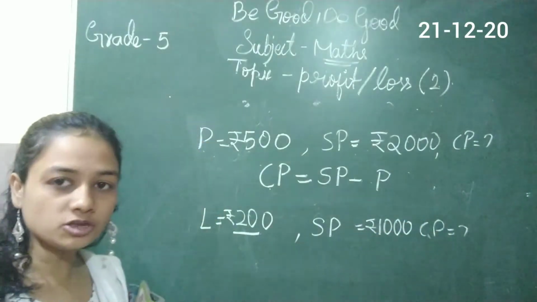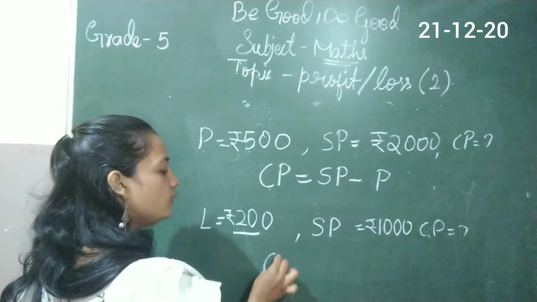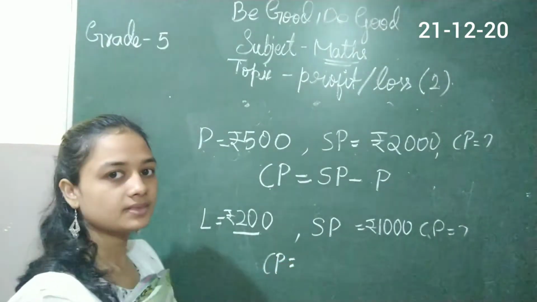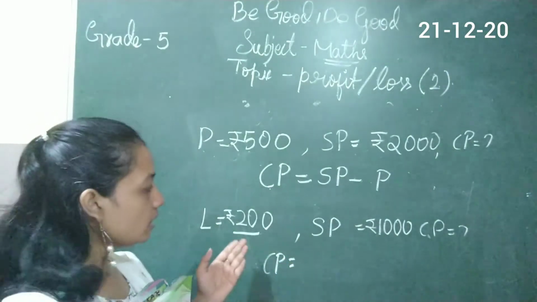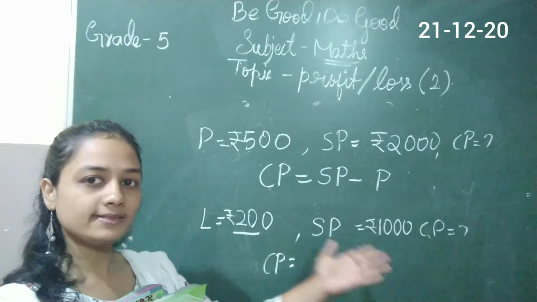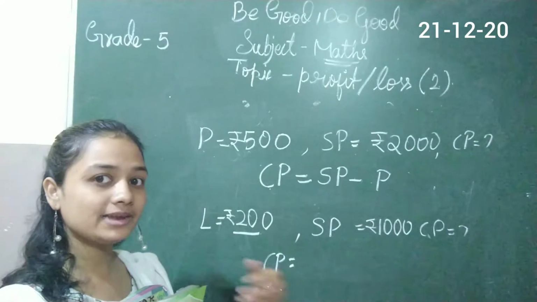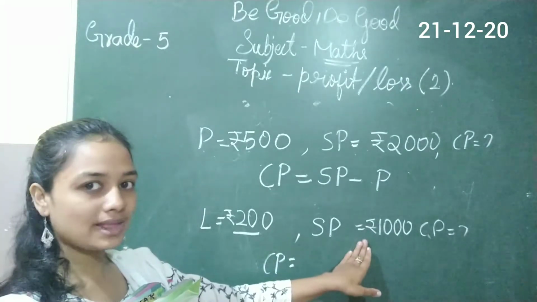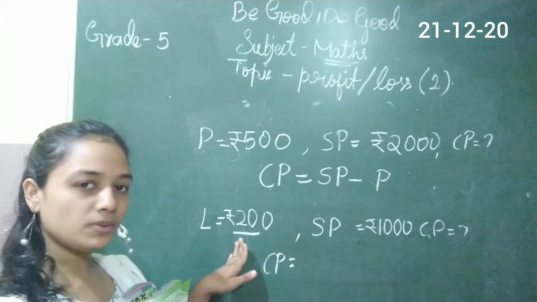So what is my cost price now? So how will I find that? See, what is a loss? Loss is when I take the object, that is cost price is more. I take it for more and sell it for less. So I am selling this for less and this much rupees is loss.